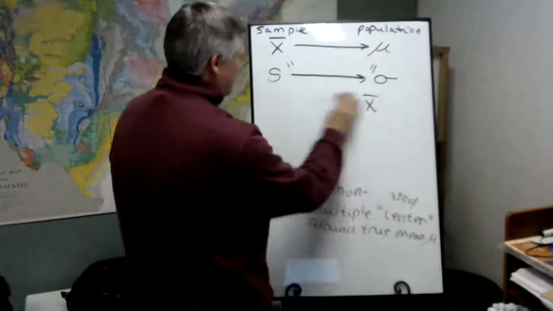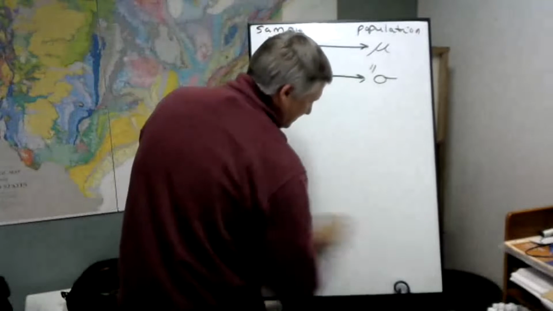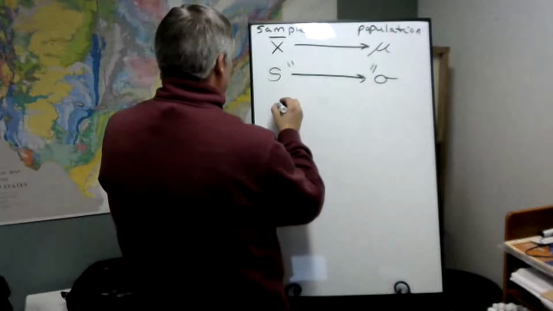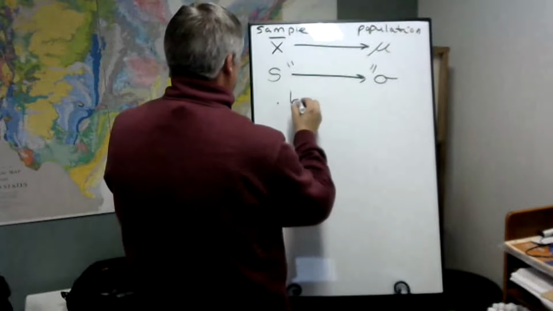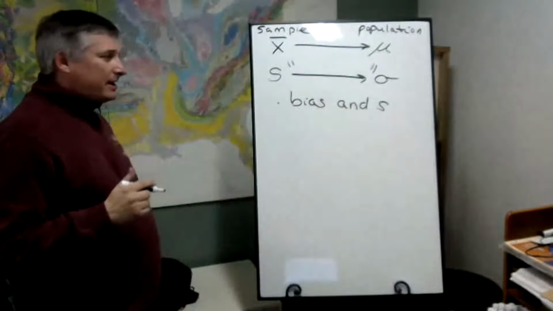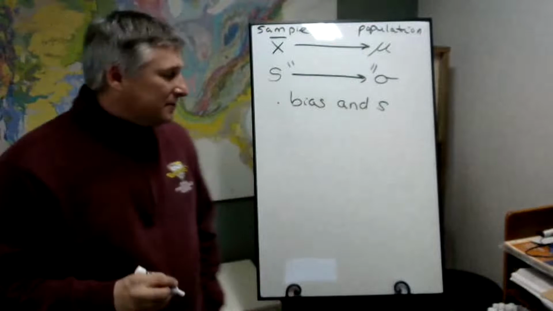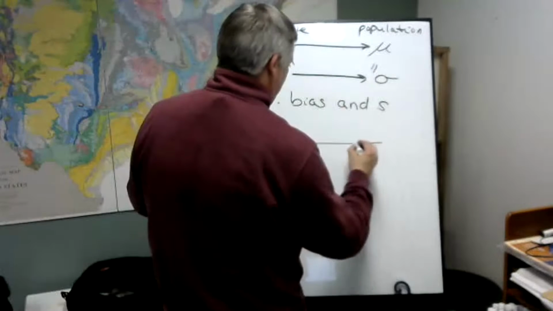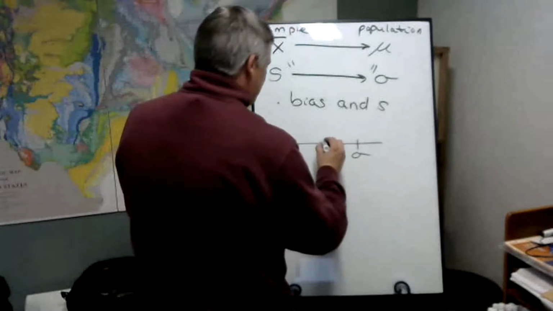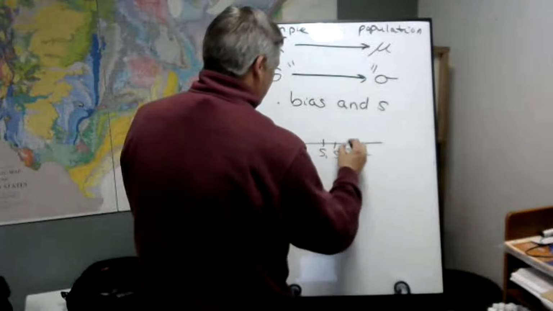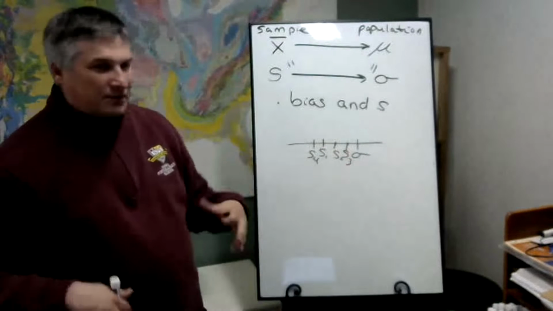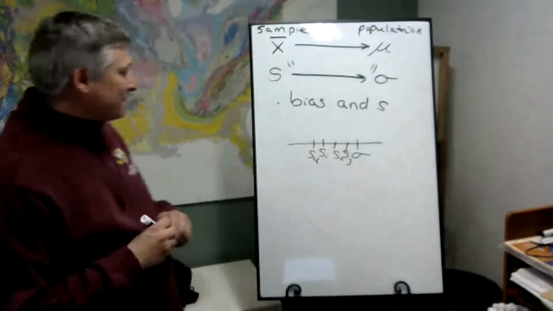Now, when we talk about the standard deviation, it's a little different. If we talk about bias and the standard deviation, what we see in the text is this. The standard deviation tends to come up short of the population, or you might say the true standard deviation.